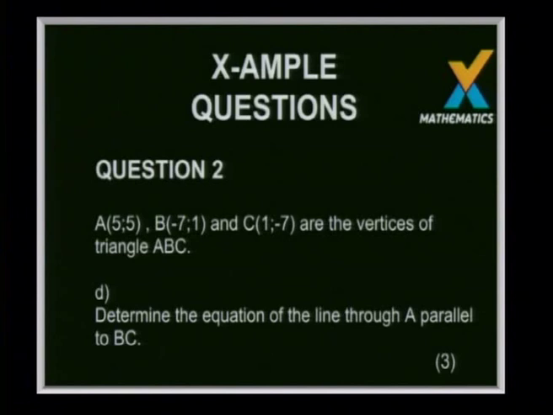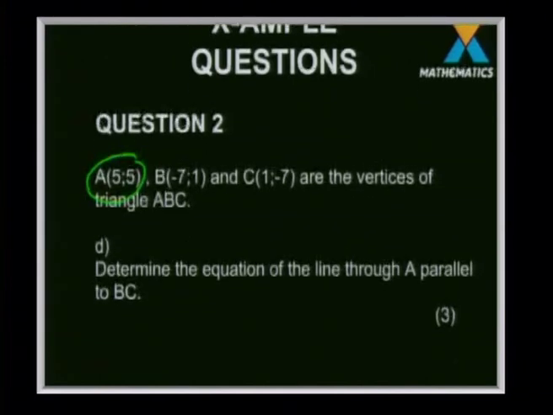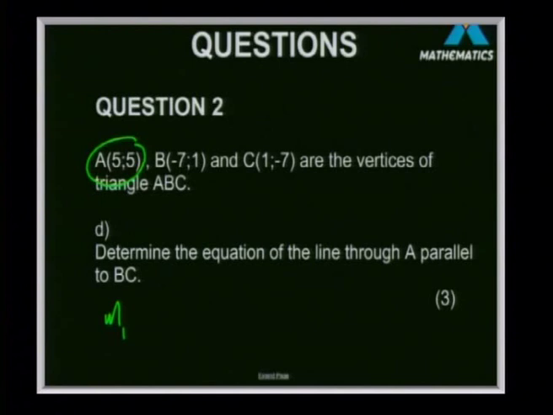The last little bit in this question 2. Determine the equation of the line through A. Got to go through A, and it's got to be parallel to BC. Now, here we need the slope of BC. Well, let's do it again. -7, -1, the change in the y values over the change in the x values, which in this case gives us -8/8, which is -1.